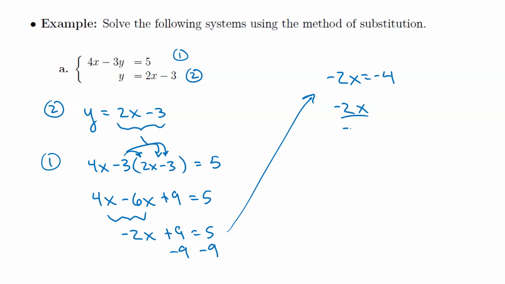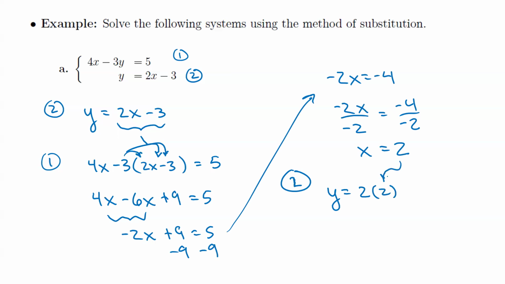So it looks like my x value is going to be 2. But of course, we can then take equation number 2 and plug that directly in for x, which gives us a solution of 2 for the x and 1 for the y.